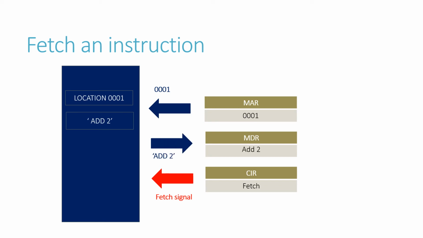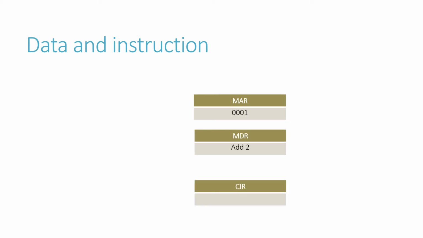That command instruction is then sent back and stored in the MDR. So the instruction has been fetched from location 1 and is sitting in the MDR. We've seen that in a modern computer system, the data and the instructions come at the same time into the processor.